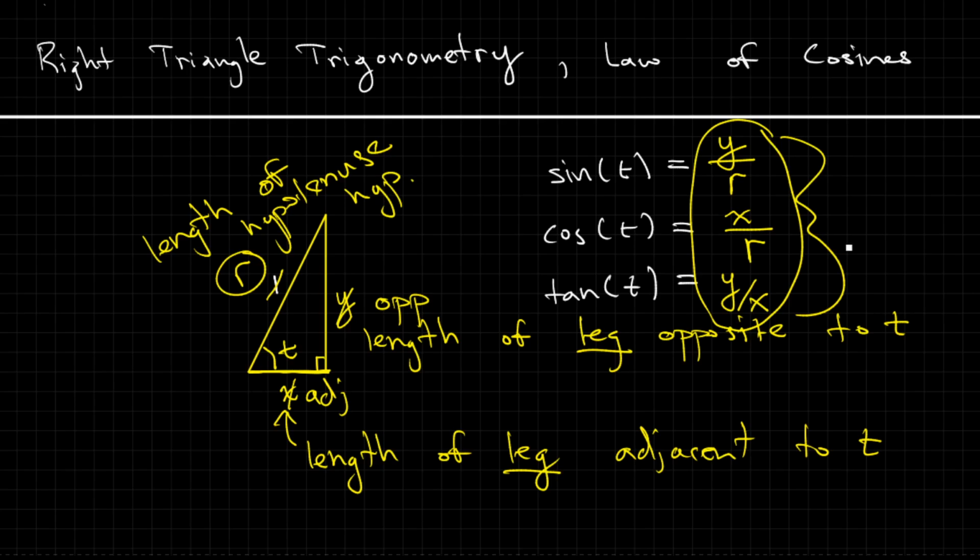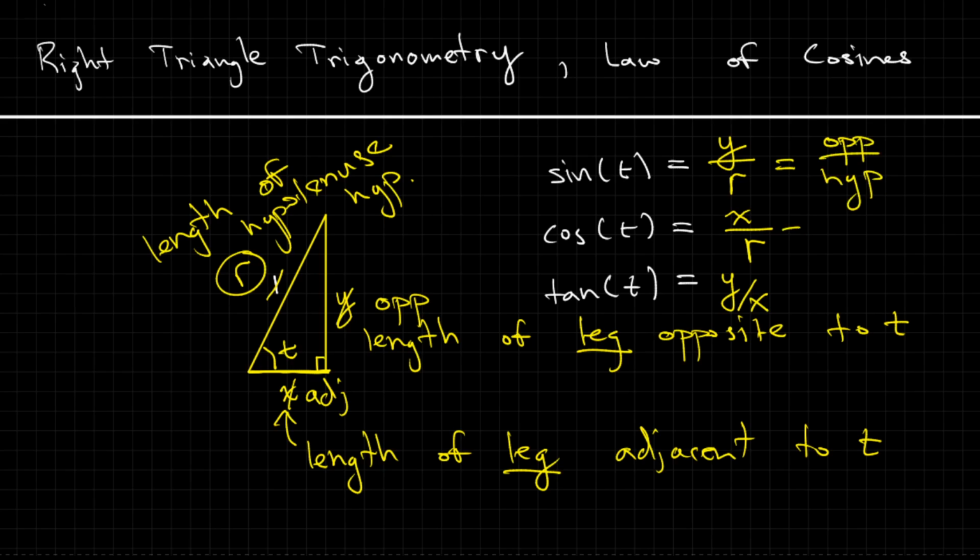So using these abbreviations, we can rewrite y over r as OPP over HYP, opposite over hypotenuse. Cosine of t is going to be adjacent over hypotenuse, and tangent of t is opposite over adjacent. And certainly this deserves its own slide, so let's go ahead and do that, perhaps without so much clutter.